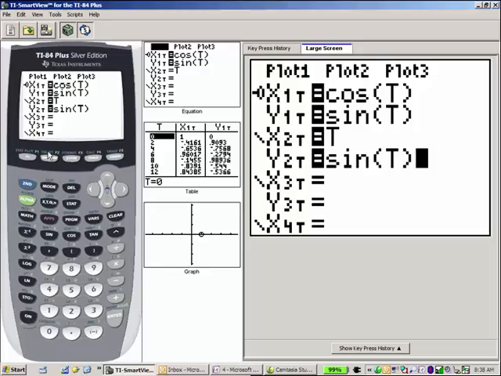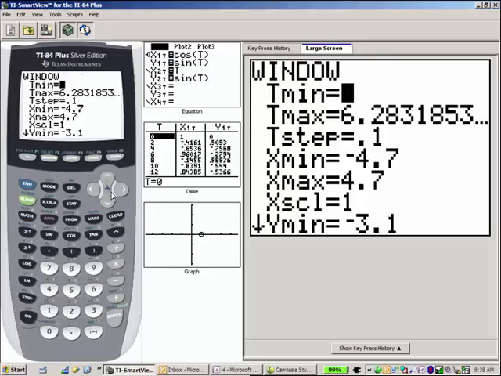I'm going to go to window and make a few more adjustments. My x min, I'm going to make -1. And my x max, I'm going to make 2 pi. And pi is second exponent over here.